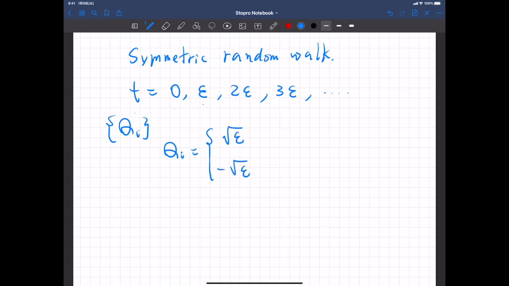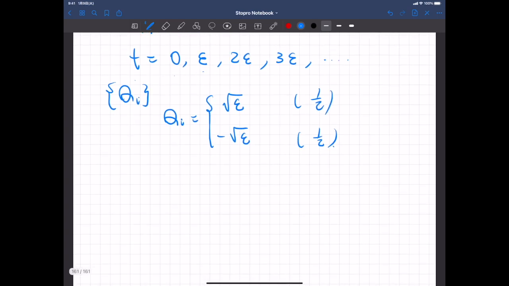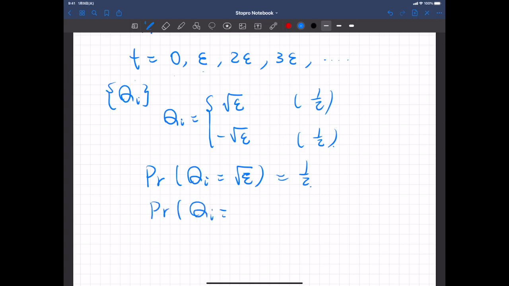So it's a symmetric random walk, so the probability is 1/2 and 1/2. Maybe we could have written it like this: probability that qi is square root of epsilon is 1/2, and same for negative square root of epsilon is 1/2. It's the same thing.